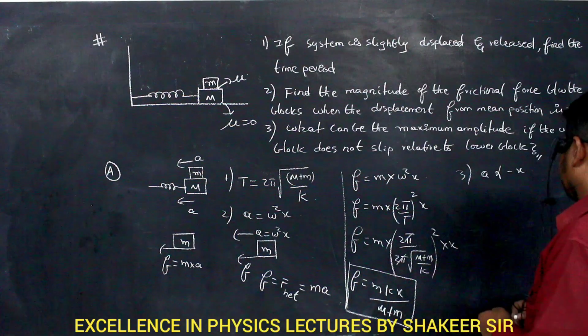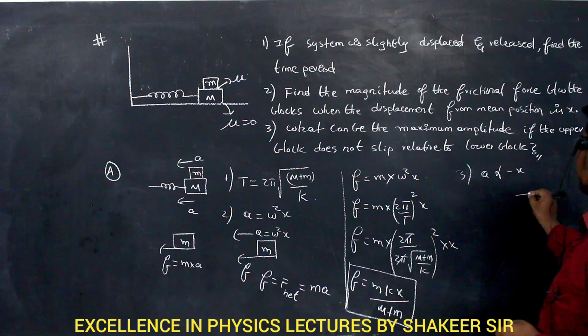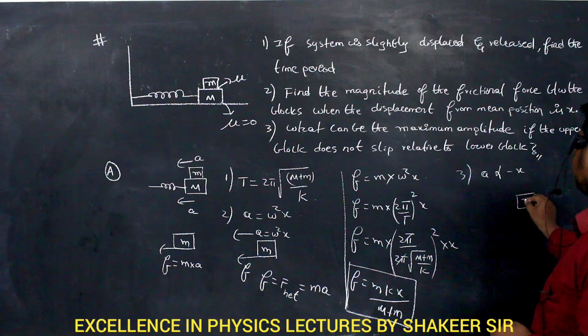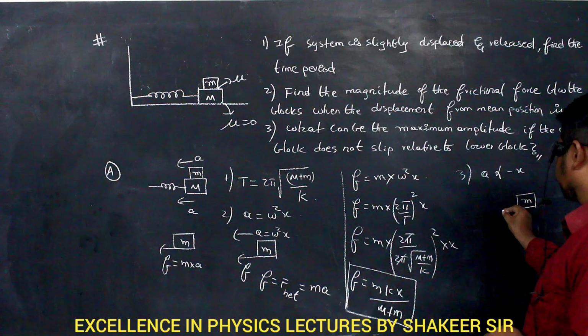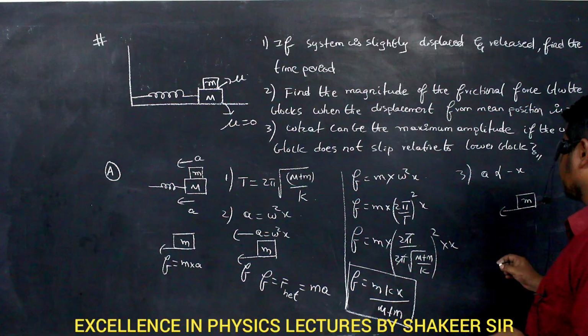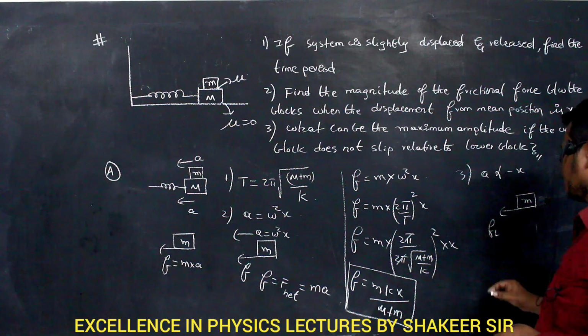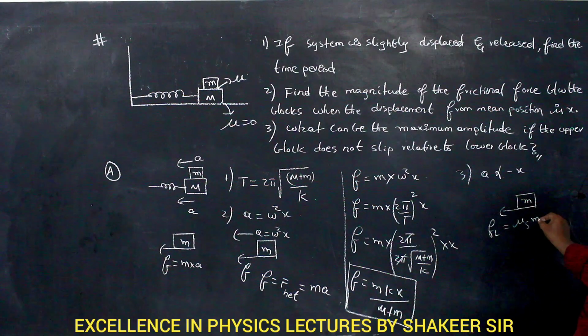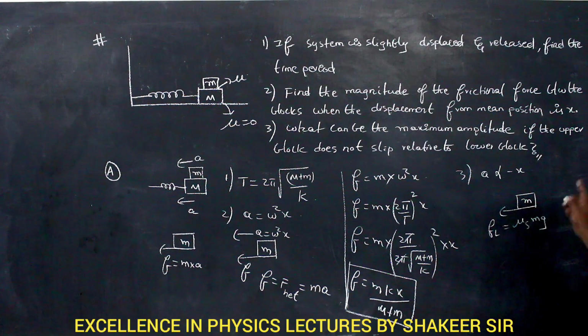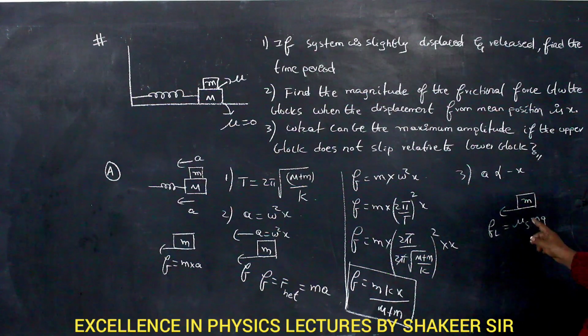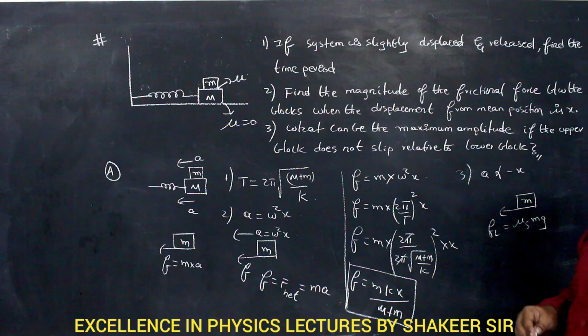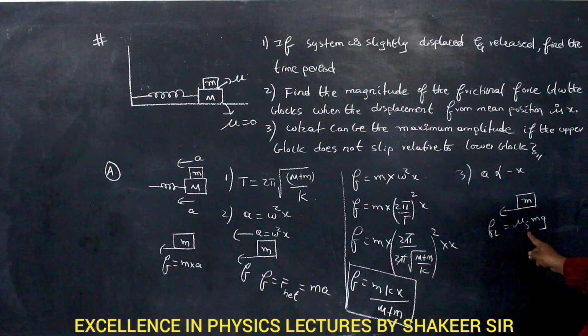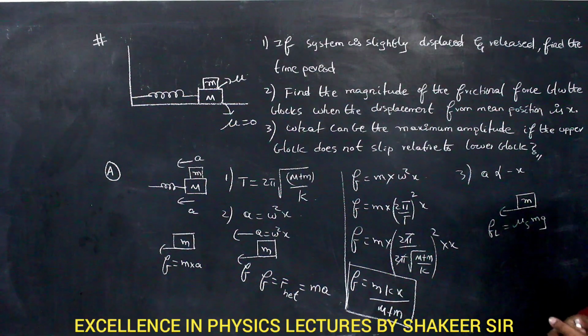So let us try to understand this one. Clear? So for this small m, the maximum limiting friction which can be acting on this body is Fl. And Fl can be written as mu s into M into g. So this is the maximum friction that can be produced on small m. And this friction should provide acceleration for this body.